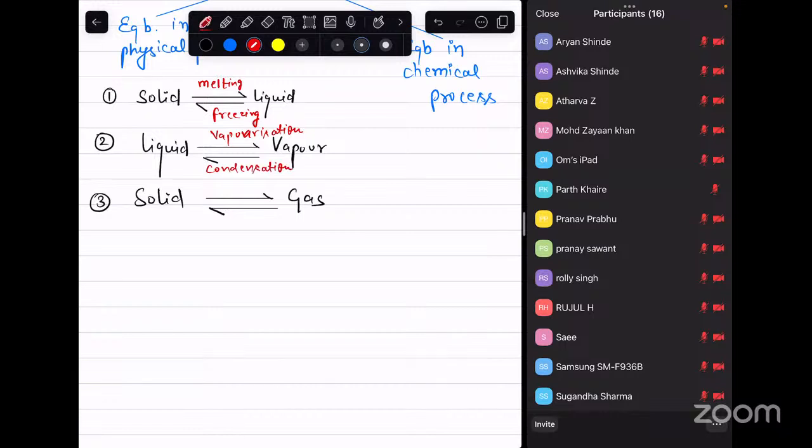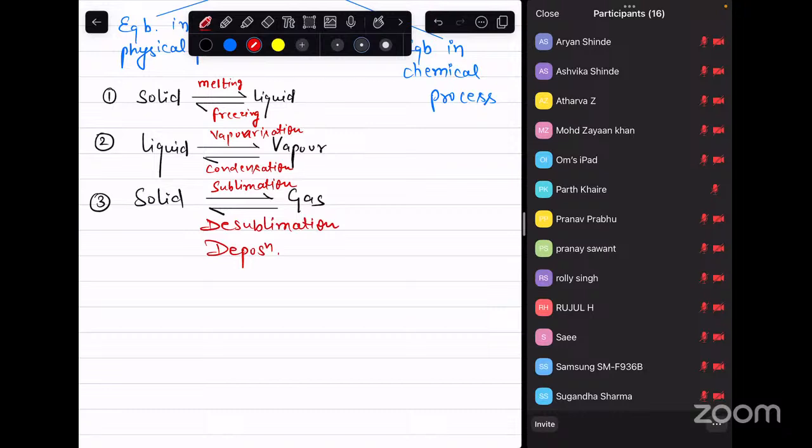Solid to gas, sublimation. Gas to solid, deposition or desublimation. Understood? These are the equilibrium in physical process.